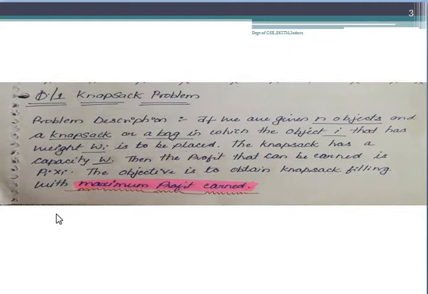As discussed, the knapsack has a capacity W. Then the profit that can be earned is PiXi. Here, the objective is to fill the knapsack with the maximum profit earned.